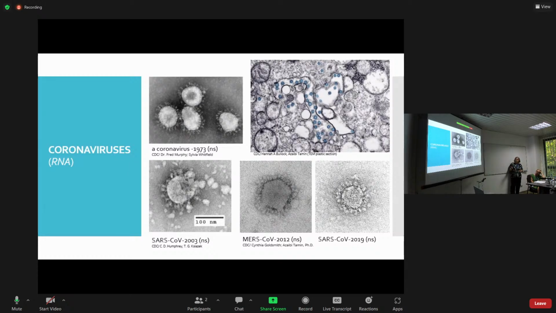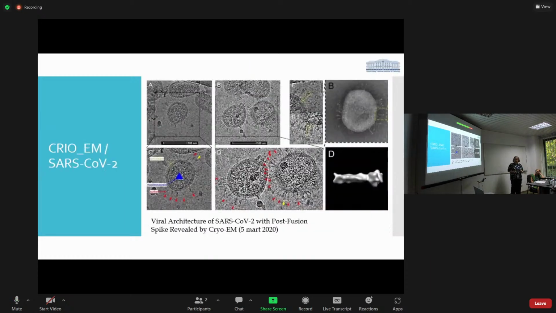In transmission electron microscopy for plastic sections, the corona glycoproteins will not be visible due to the processing of the cells for transmission electron microscopy.